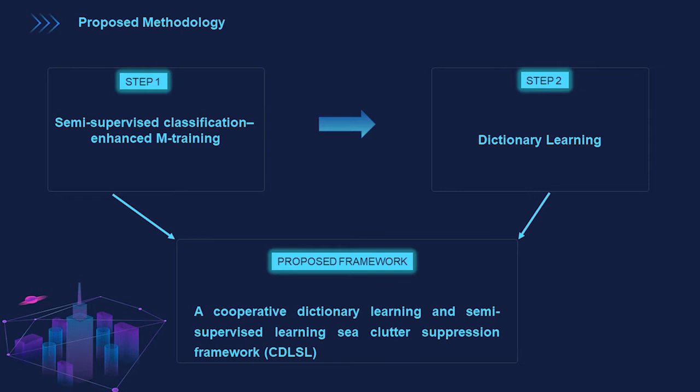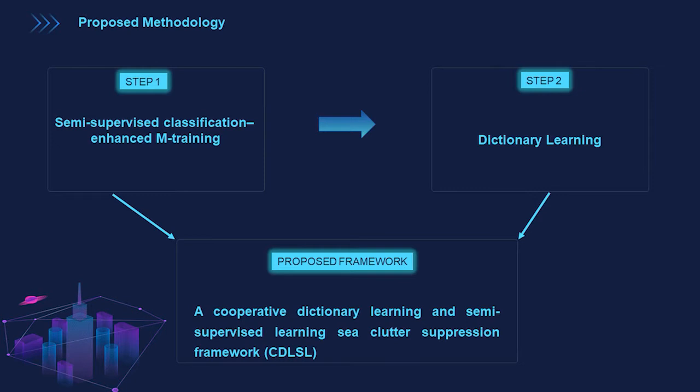Specifically, we first select some sea clutter data that almost have no target, and the data where target coexists with sea clutter. Then we label these 2 different data and build a labeled training sample set for the subsequent classification algorithm.